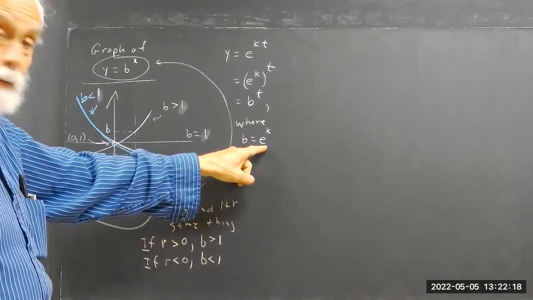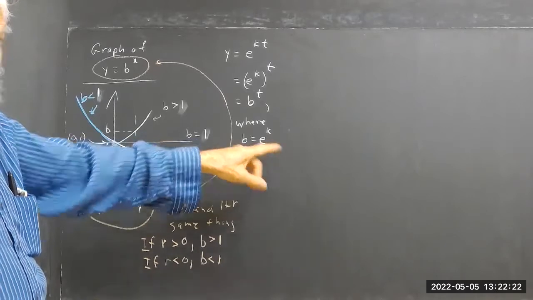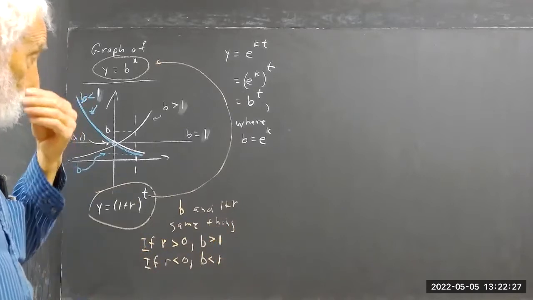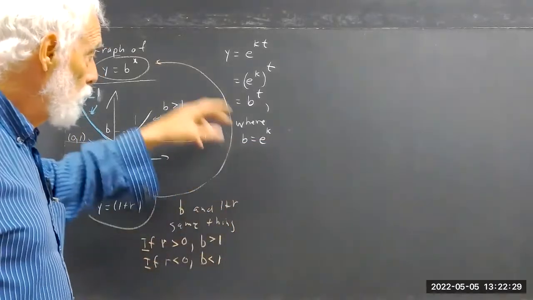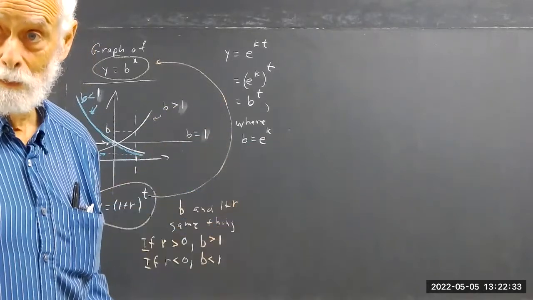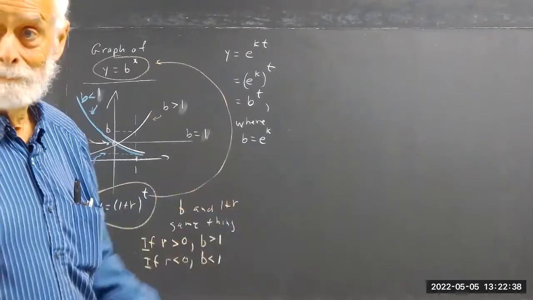Well, you convert this to logarithmic form. That's how you solve exponential equations, okay? Then you get k equals log base e of b.